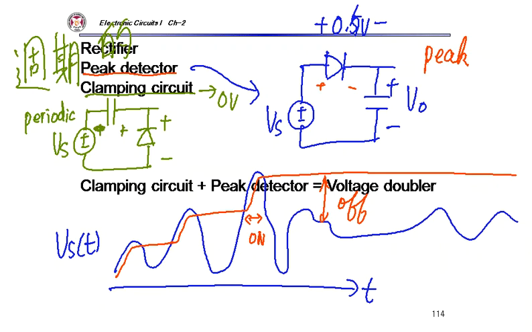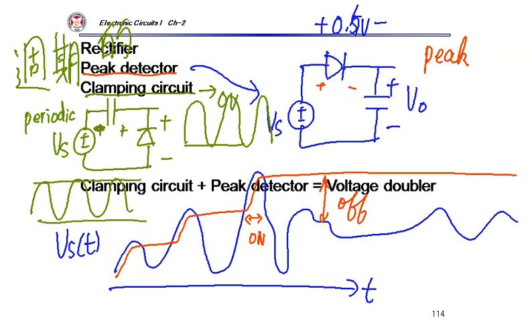So here, this one should be positive, right? Say my Vs is a periodic signal swinging between minus 4 volt and plus 6 volt. When Vs becomes minus 4 volt, this diode is on, right?